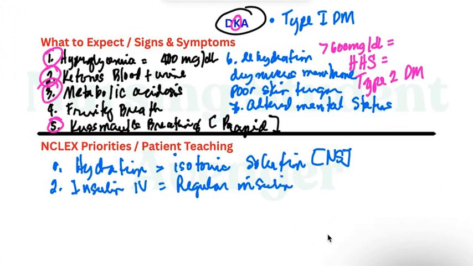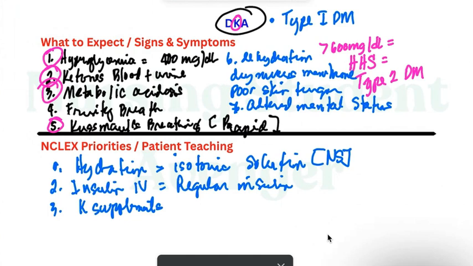Okay, the next priority here is to administer, depending on the labs, fluids that have potassium, either supplements. More than likely it's going to be supplements. Why do you think that would be the choice? Well, remember, the patient is peeing a lot. Polyuria is a clinical manifestation of hyperglycemia, so guess what happens to the potassium level?